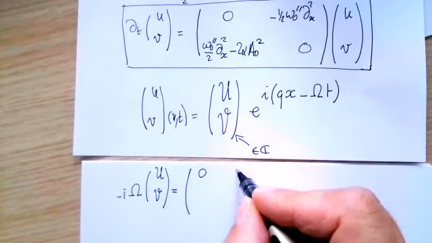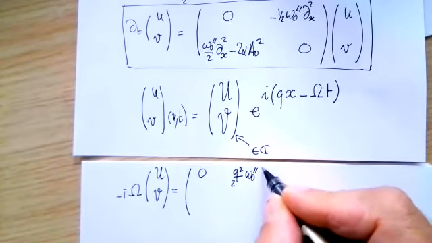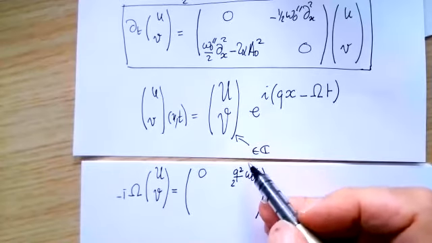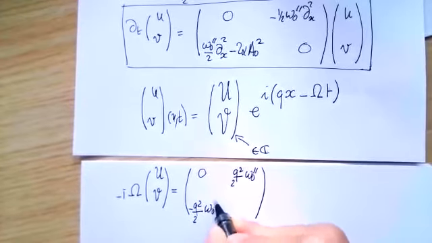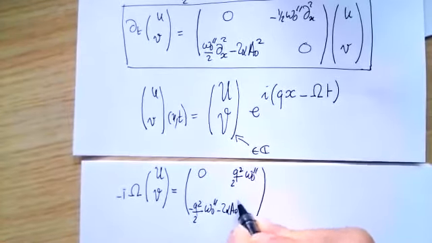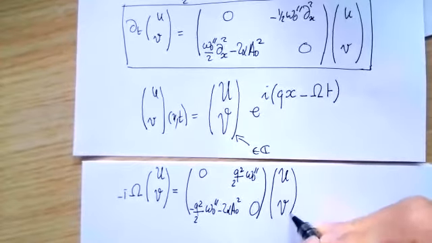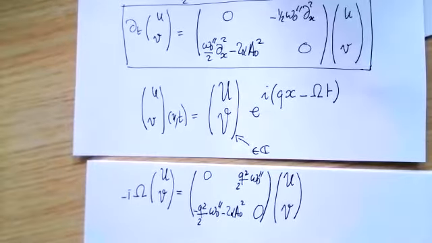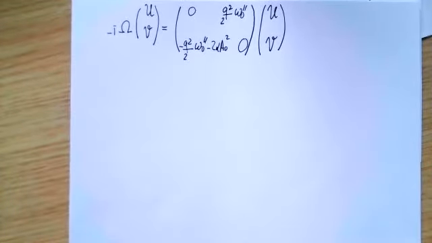So this guy is q squared divided by 2, because i square is minus 1. And here one will have minus q squared divided by 2. Okay, minus 2 alpha a naught squared, 0 times U and V. Good. This is the equation.